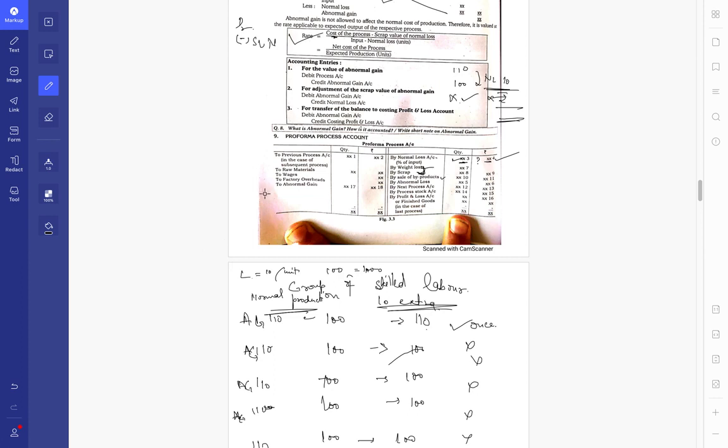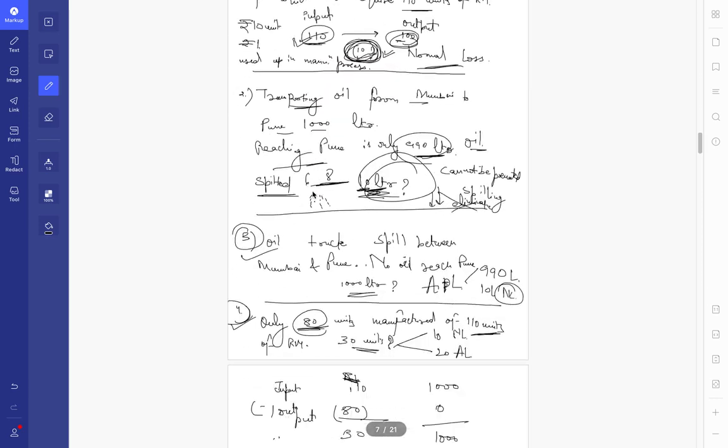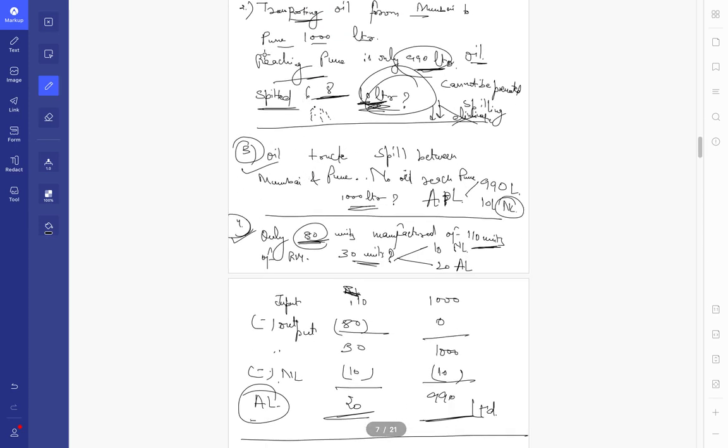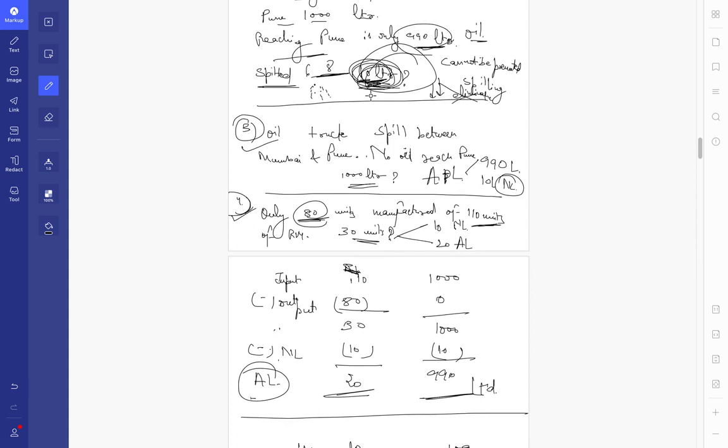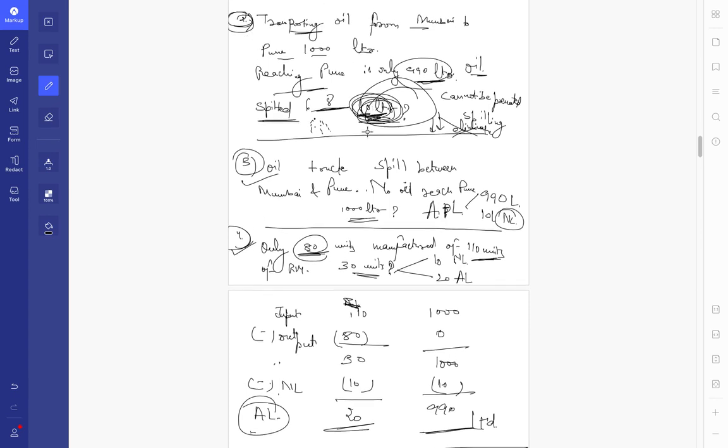If there is any weight, that means any product loss in terms of their weight, like for example in my given illustration, your oil had spilled 10 liters. 10 liters is not a measurement of weight, but it is a unit of measurement.